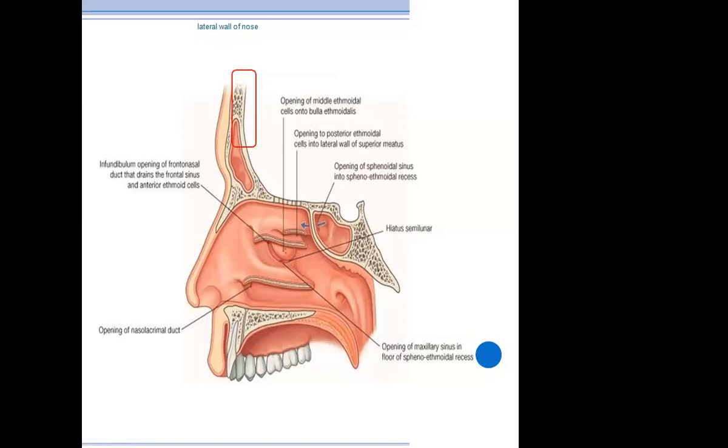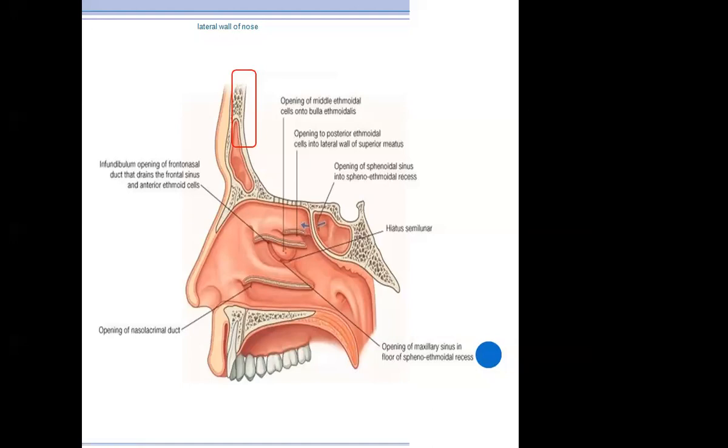Due to that, it is projected into the middle meatus. The bulla ethmoidalis is nothing but the bony bulging into the middle meatus.